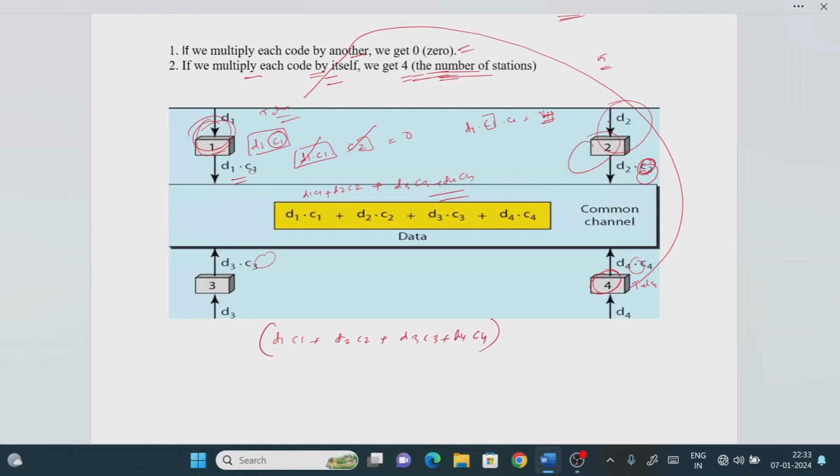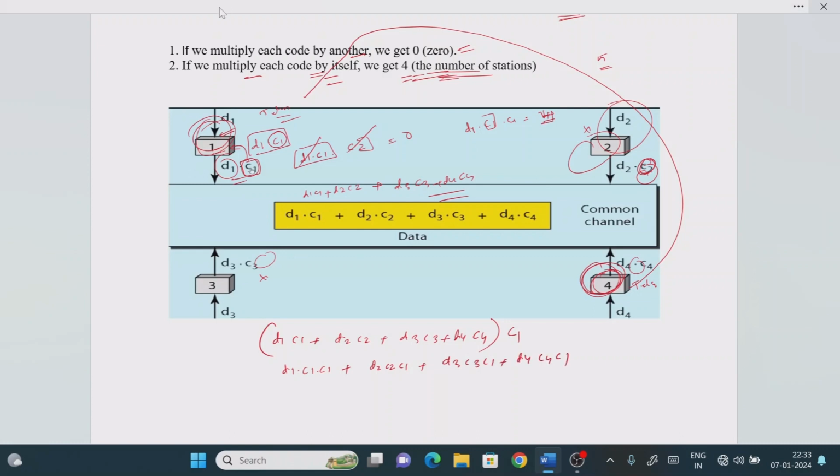Now I know this code. If I use this code, I can talk with this guy in Telugu, right? What is that code here? C1. Now it is going to be multiplied with C1, and what will happen means D1 C1 C1 plus D2 C2 C1 plus D3 C3 C1 plus D4 C4 C1.